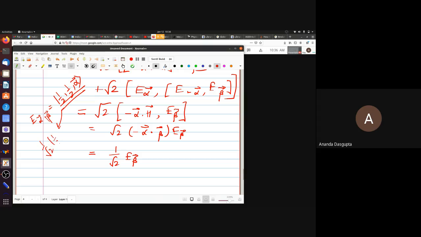You will go to half, which, by the way, is E beta. So this result would have followed from the fact that we already know the representation of the SU2 Lie algebra. You hit it with E plus, it goes up with a factor of 1 by root 2. Hit it with E minus, it comes down with a factor of 1 by root 2 again. Why 1 by root 2 in both cases? Because that's exactly what the spin half algebra tells you. Is it okay?